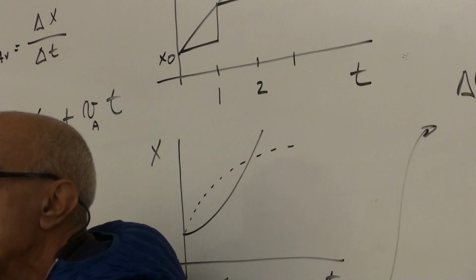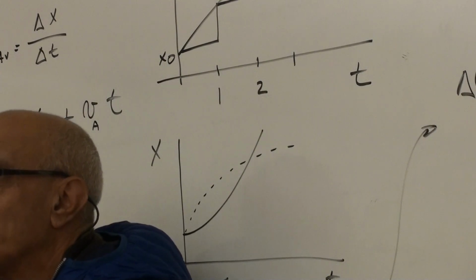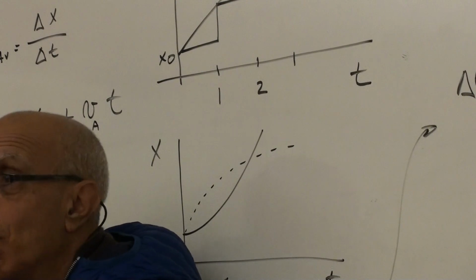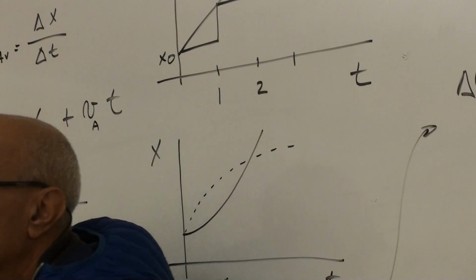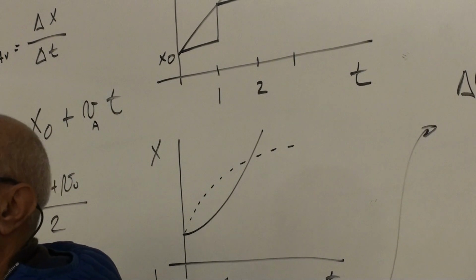To move a truck, you're going to need to apply more force than to move a little car. And if you apply the same force to a truck and a car, the truck is going to be slower because the car is lighter, so it's going to be faster. Very good. So what that means? That means that force is proportional to acceleration, okay?